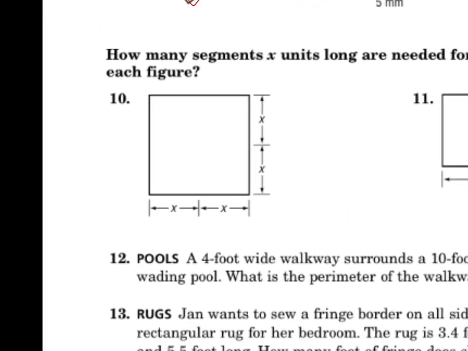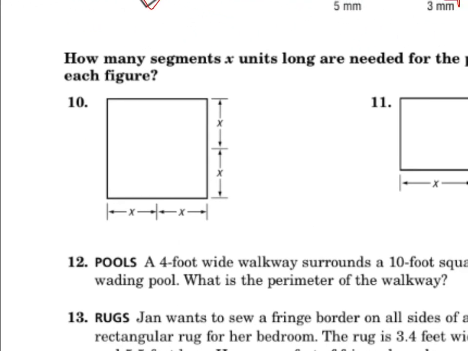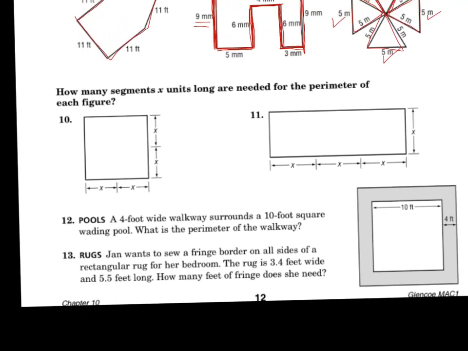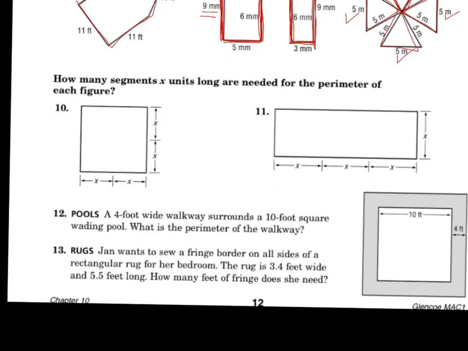Okay, number 10, it says, how many segments, x units long, are needed for the perimeter of each figure? They're not telling you how long each part is. They're just saying, we don't know how long it is, so we're going to put an X here to represent that.